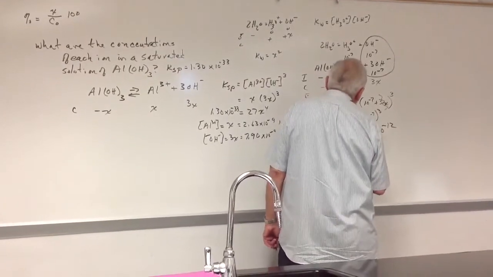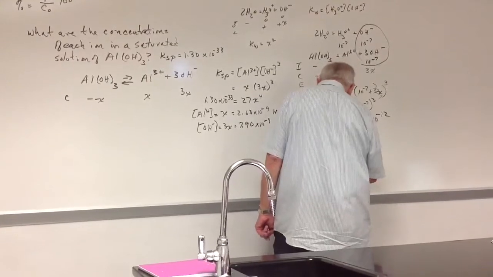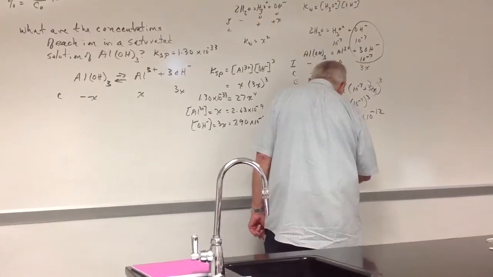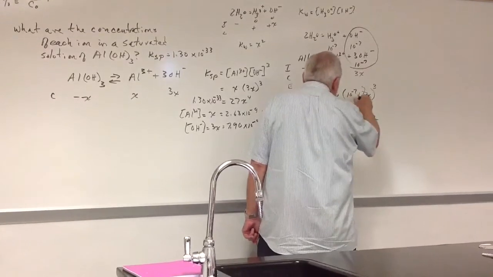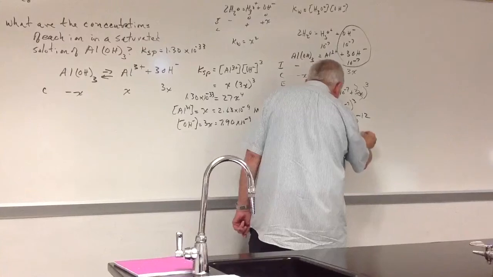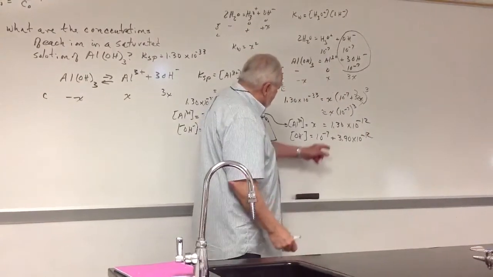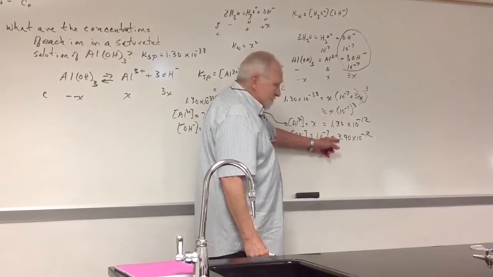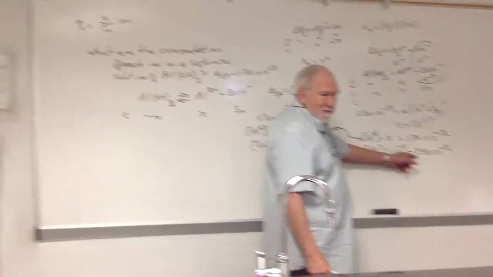it's going to be 10 to the minus 7, what I wrote right here somewhere, plus 3.90 times 10 to the minus 12. First thing I'd say, boy, my approximation was okay. I could ignore that, right?